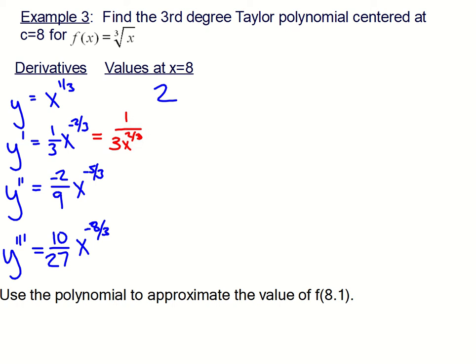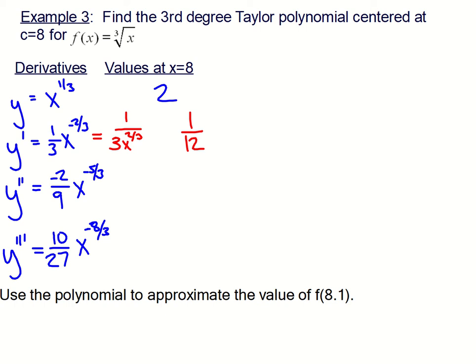And I know that if I'm trying to find that at x equals 8, I would want to take the cube root first and then square that. So the cube root of 8 is 2, 2 squared is 4, 4 times 3 is 12, and so this would equal 1/12.